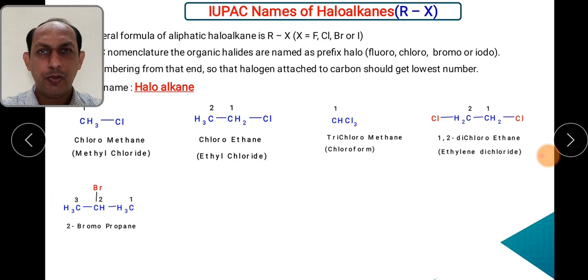So when a substituent is present, then start numbering from that end so that the substituent gets the minimum number. Aapko aise end se numbering chalu karni hai jiske karan wo jo bromine hai ya halogen hai, jo present chain ke carbons mein, usko kam se kam number aana chahiye. So your halogen must get a minimum number. Okay, so 2-bromopropane. What will be the name? 2-bromopropane. If the bromine is present at this first carbon, then what will be the name? 1-bromopropane. So remember.